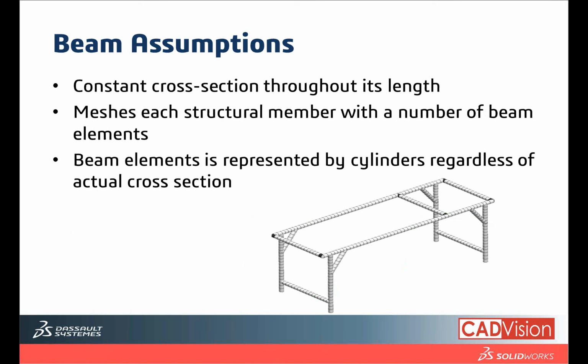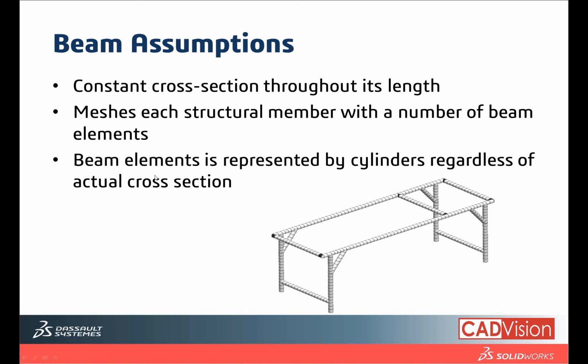A further small assumption is that a constant cross-sectional area is considered over the whole length of the beam element. It meshes each structural member with a number of beam elements, and each of these is considered as one beam element.